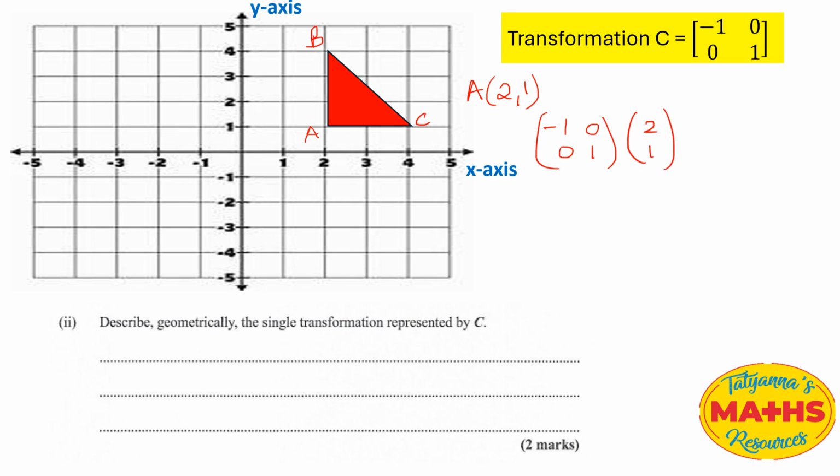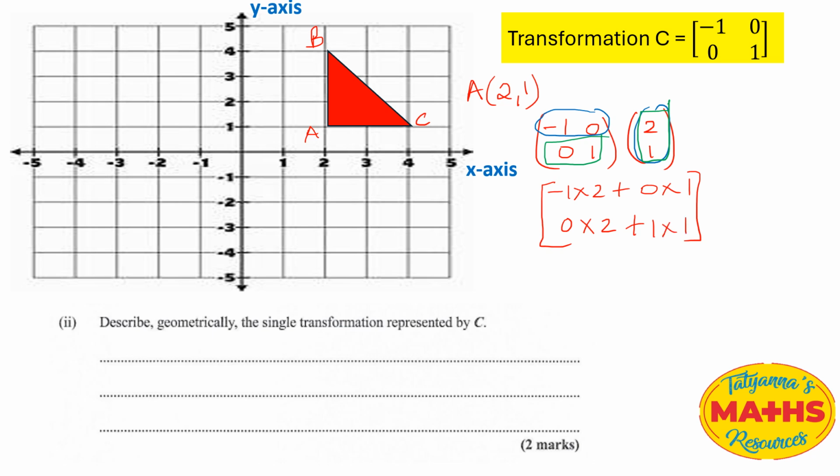Remember, it's row by column. That's going to give us -1 times 2 plus 0 times 1, 0 times 2, second row, first column, 0 by 2 plus 1 times 1.